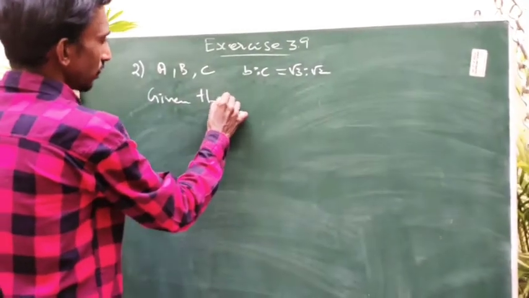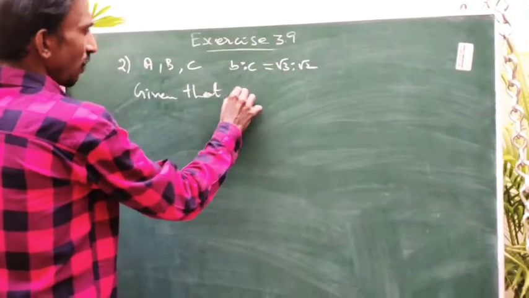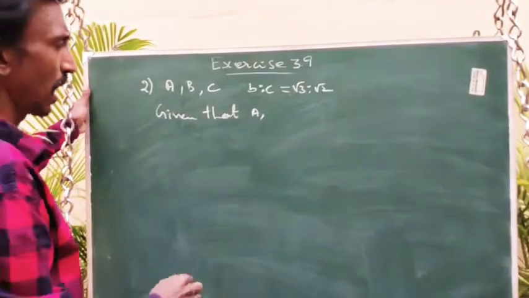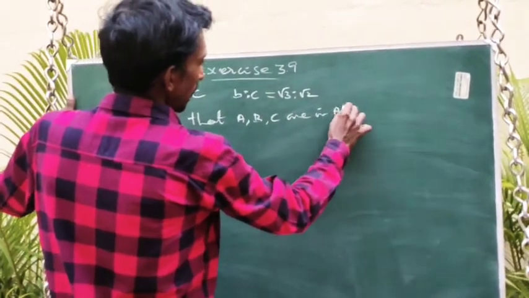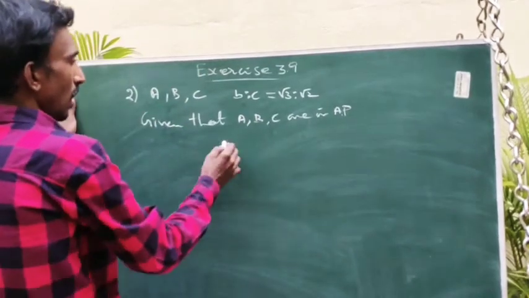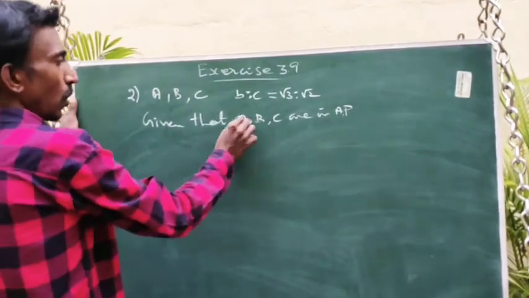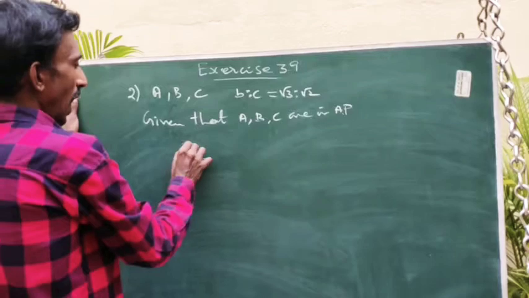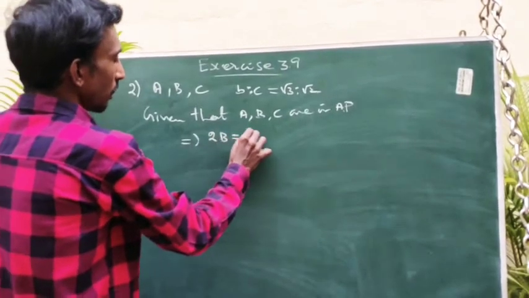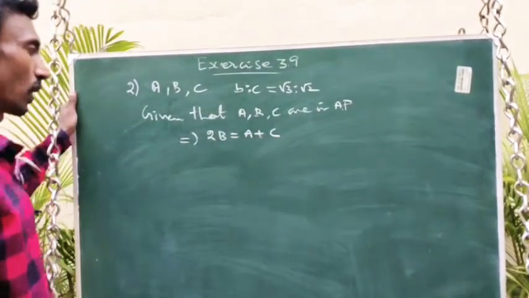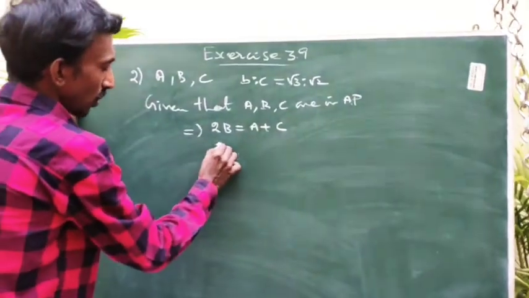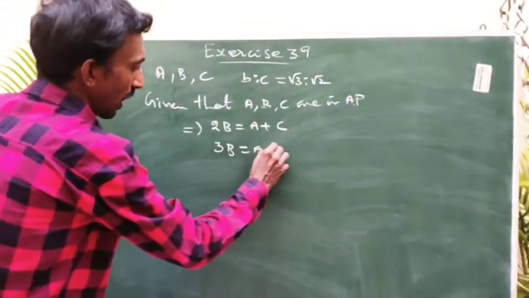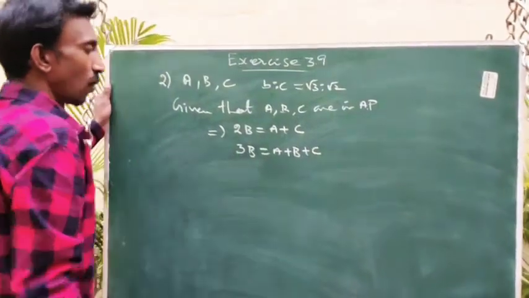Given that the angles A, B, C are in AP. So AP means B equal to (A plus C) by 2, or 2B equal to A plus C. Add B on both sides, so we are getting 3B equal to A plus B plus C. Why we are adding?